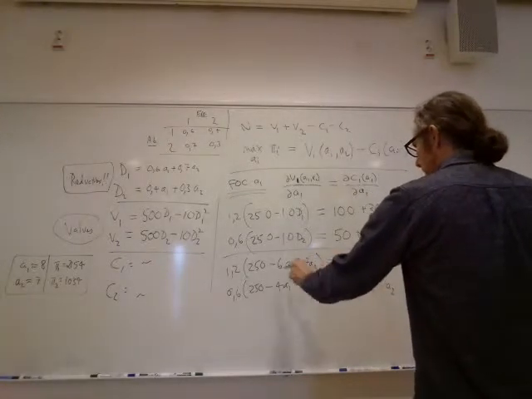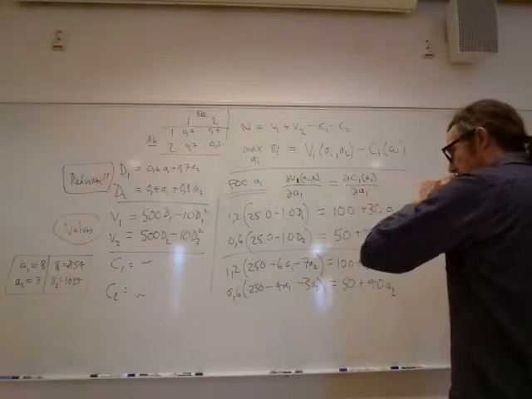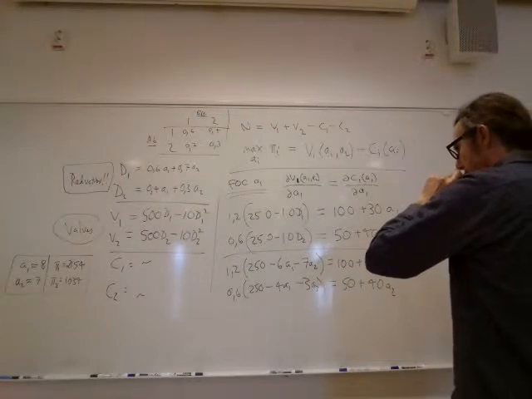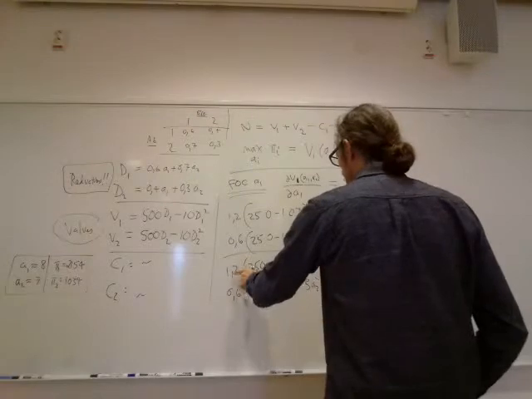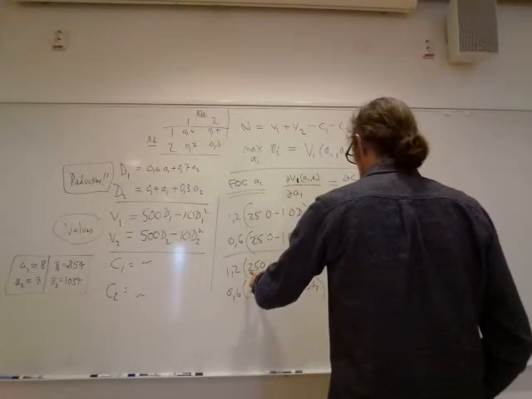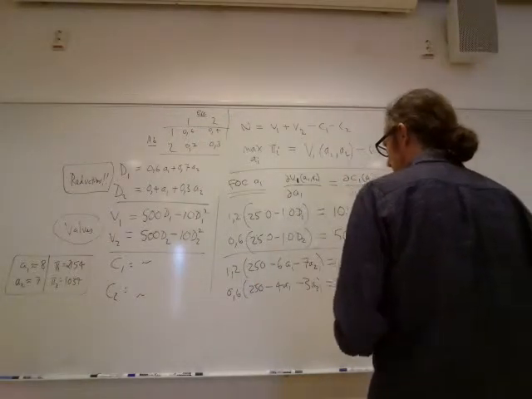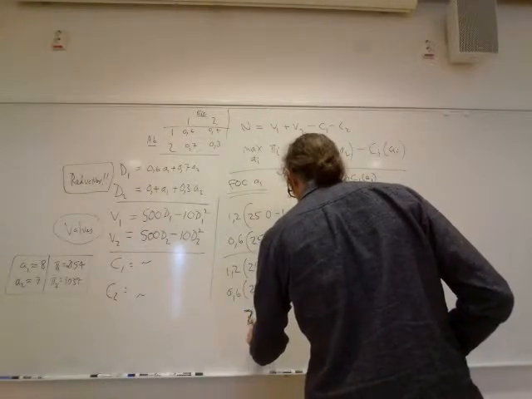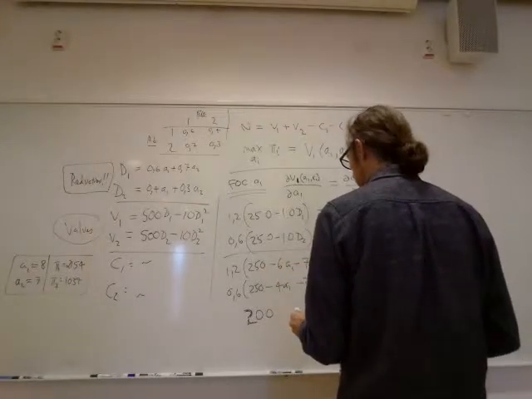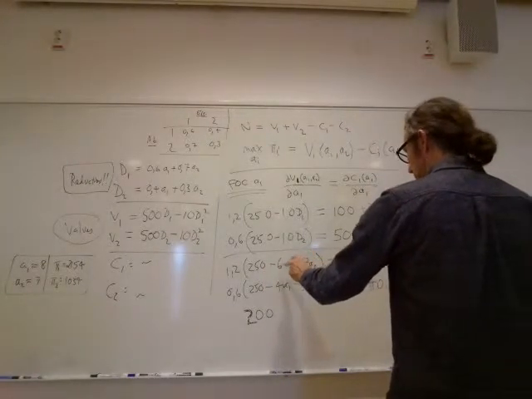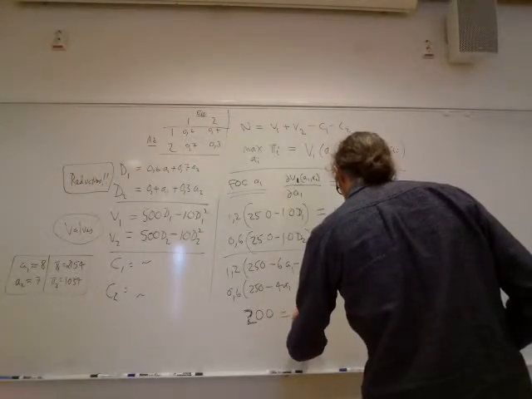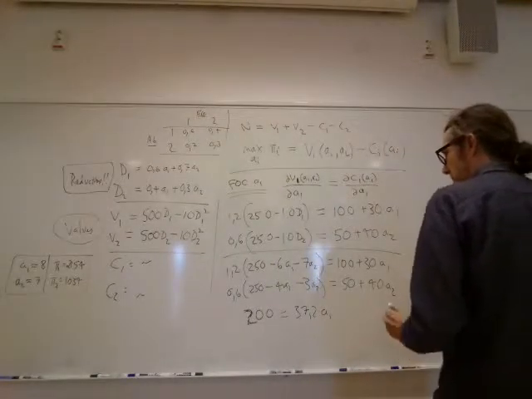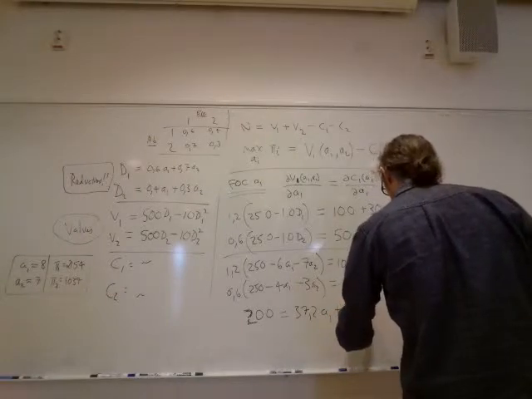So, yeah, 1.2 times 250, a fifth of 250 is 50, so that's 300, minus 100 is 200, and then we're going to bring the stuff over here. 1.2 times 6 is 7.2, the 200 is 37.2 A1, 1.2 times 7 is 8.4, plus 8.4 A2.